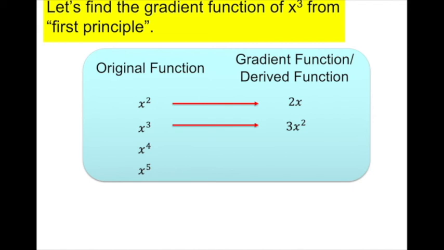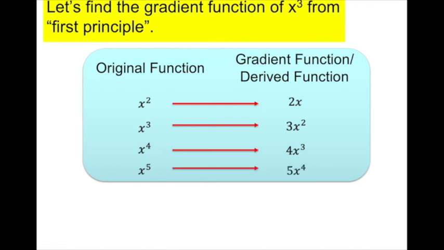And when the original function is x to the power of 4, the derived function is 4x cubed. But what about x to the power of 5? I'm sure you know the answer by now. When the original function is x to the power of 5, then the gradient function or the derived function is 5x to the power of 4.